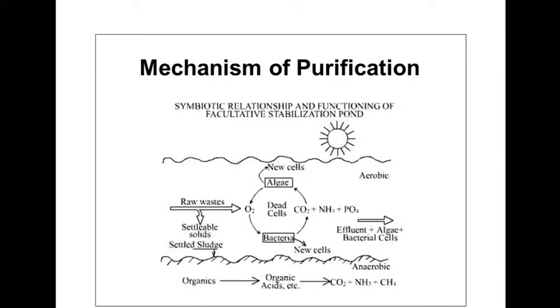In photosynthesis, they utilize CO2 and release oxygen, and this oxygen is utilized by bacteria for the oxidation of organic matter, and they release CO2 and produce new cells. Along with CO2 they also generate NH3, ammonia, and PO4. So in totally aerobic conditions, they generate effluent plus algae plus bacterial cells.